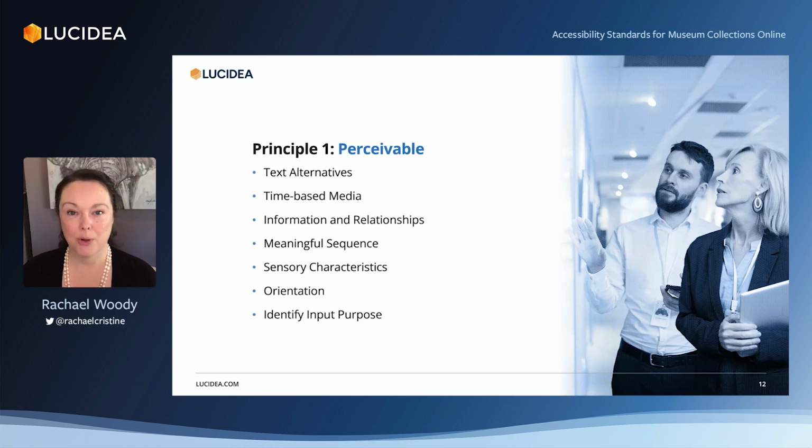So for collections online, this is really thinking about your assets specifically. Then as we move through how to help perceive information and relationships, and this can be big for collections online as many of our collections do have relationships and information that does dovetail with one another. So when we're thinking about the object information, the structure of how things are presented, an object's relationship with another object, or perhaps additional website content or resources that you would like to link through, we need to make sure that that relationship, the information of that, is presented in a way that could be programmatically determined or available in text form.